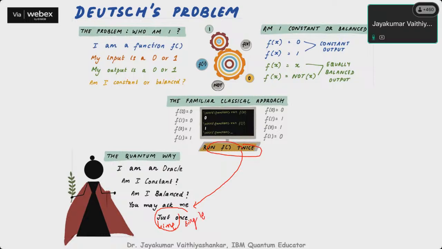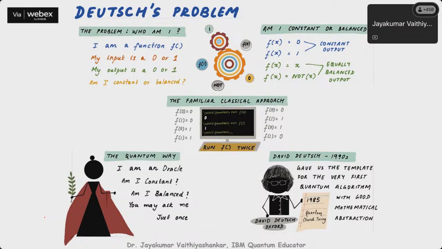This is the good advantage when you compare classical and quantum, because for a single input, it is not a big deal. For multiple inputs, for 100 inputs, for 1000 inputs, for a million inputs, for a billion inputs, within a single run, you're able to identify whether the given function is constant or balanced.